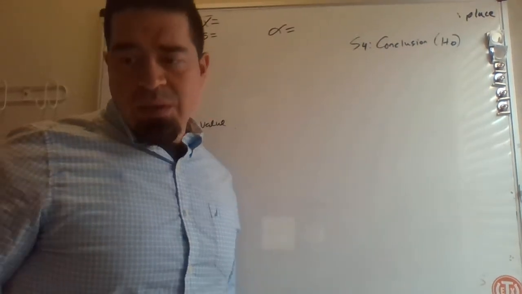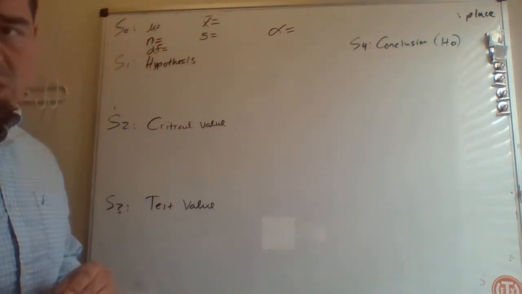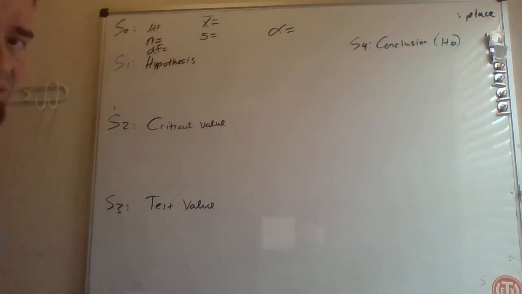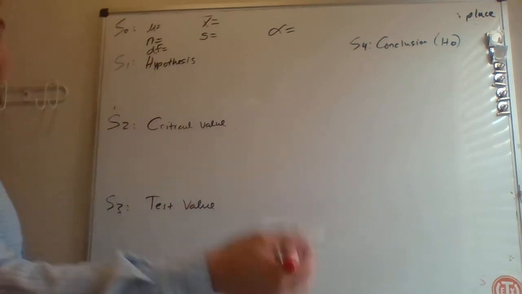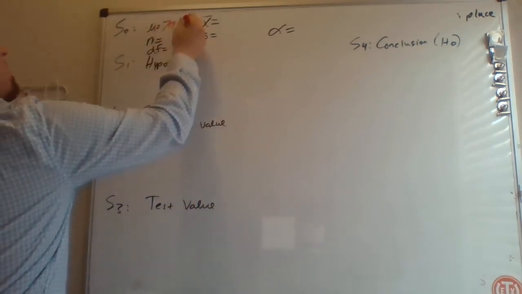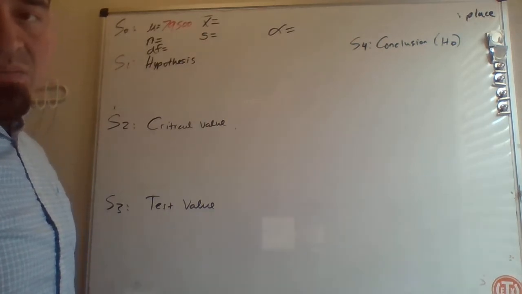Now we're going to go ahead and write what we have, okay, step 0. So the 79,500, that's according to payscale.com. That's a previously known fact. So that's what we're going to make our assumption, that's the mean, and we're going to test against that.